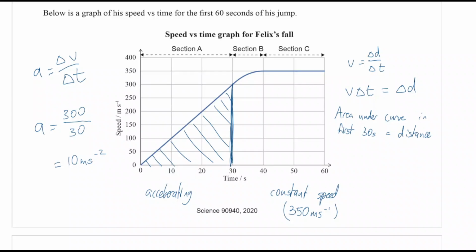So the distance traveled in the first 30 seconds, which is the area of a triangle, which is half times base times height. And the numbers we will use, half stays as half, base is 30, and height is 300.